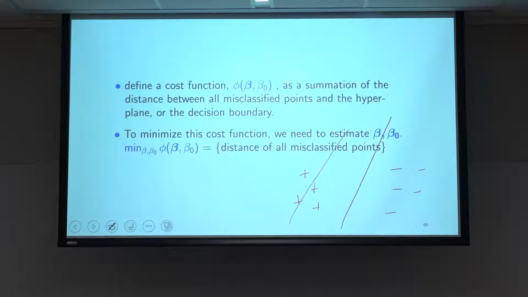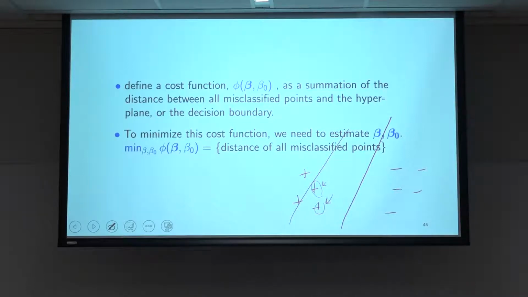In this case, no point has been misclassified. So the summation of points that have been misclassified in this case is 0. In this case, there are points that have been misclassified. This point is misclassified, and this point is misclassified. So I'm assuming that everything on one side of the hyperplane is negative, on the other side is positive. But it turned out that these 2 points are on the left side, supposed to be negative, but really they are positive.